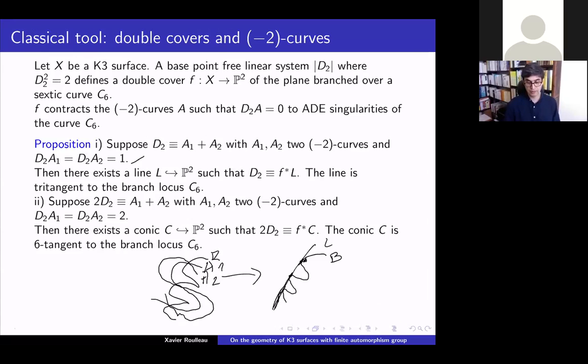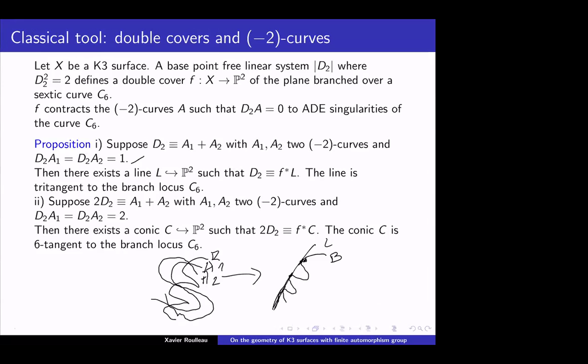If you have 2D2 linearly equivalent to 2 -2 curves, such that the intersection number is 2, then in fact there exists a conic on the plane such that A1 plus A2 is the pullback of the conic, and the conic is tangent at every intersection point of the branch locus. It's very classical.